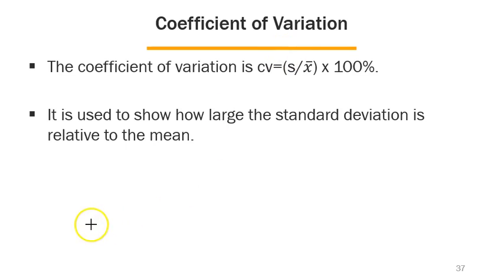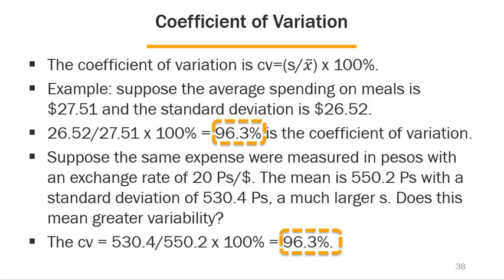All right, so an example with the coefficient of variation. Here we've got a repeat of the formula, but let's suppose we have average spending on meals of $27.51 and a standard deviation of 26.52.